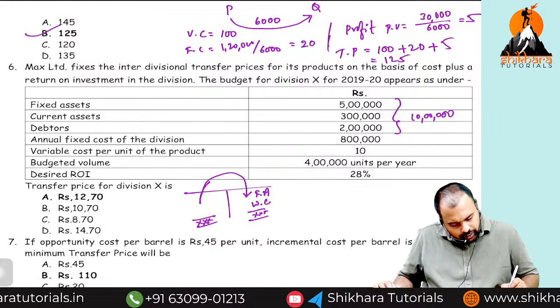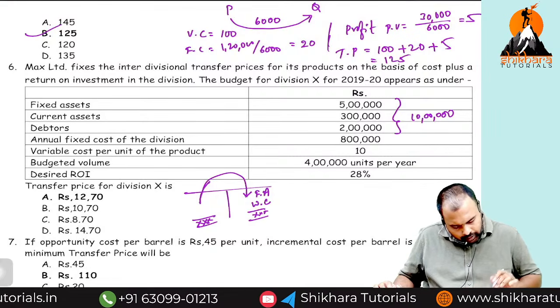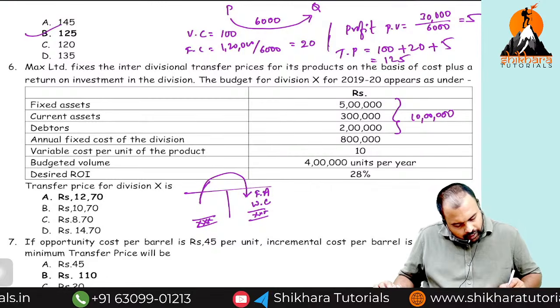Annual fixed cost is 8 lakhs. Variable cost of a product is 10. Budgeted volume is 4 lakh units. Desired ROI is 28%.